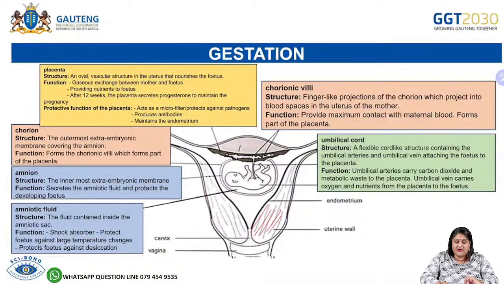The uterine wall is made up of muscle. Okay, there are 3 muscle layers actually, and then on this uterine wall we have the endometrium, which is built up every month. Okay, and that endometrium is like wallpaper. It's like wallpaper that goes on the uterine wall. Okay, so it's a lining that is on the uterine wall.